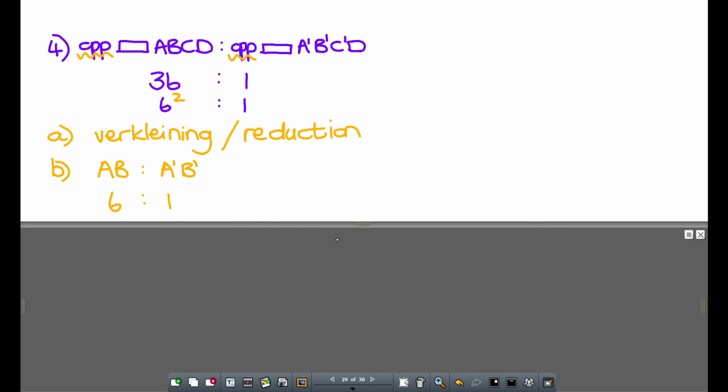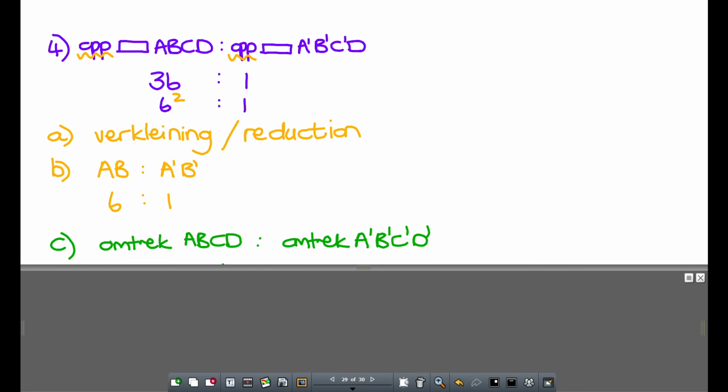Okay. Then C. State the perimeter of ABCD to the perimeter of new ABCD. Now, when we talk about perimeter, is my scale factor going to be the same or would it be scale factor squared? Just the scale factor.